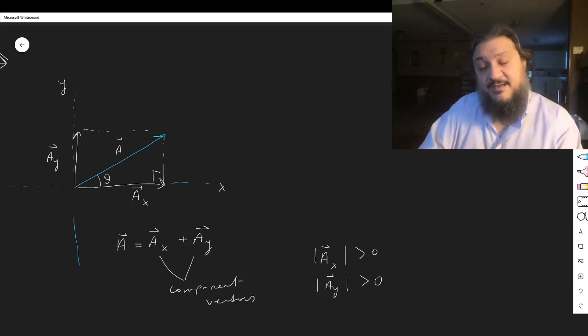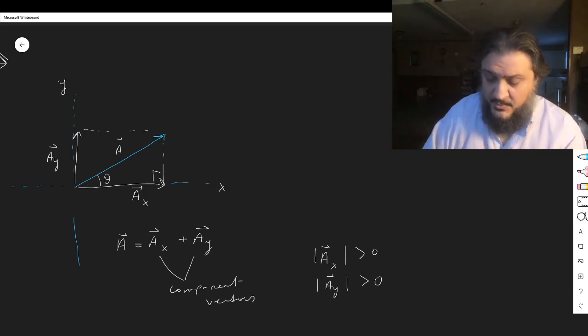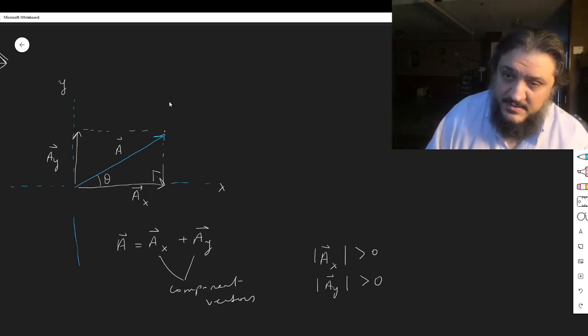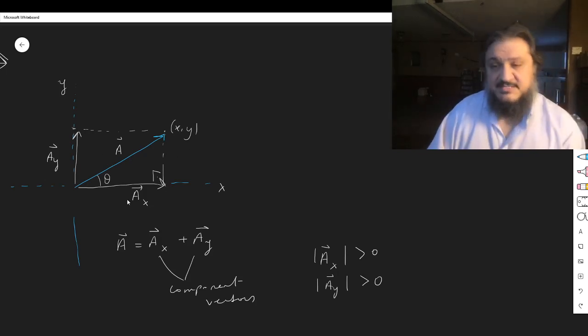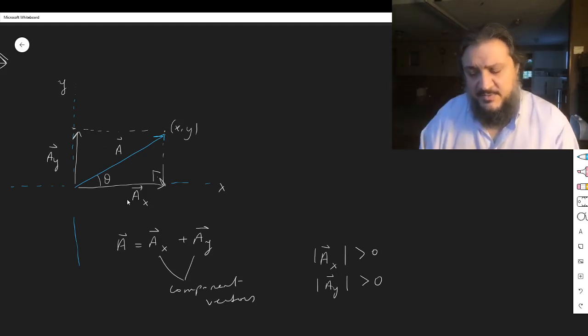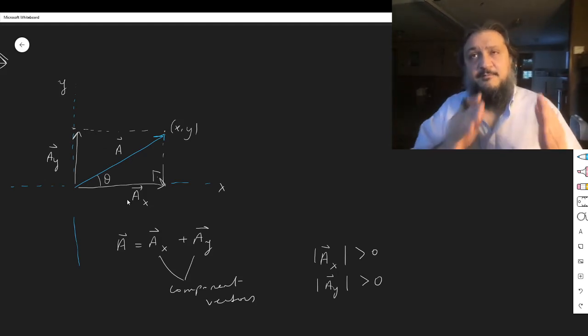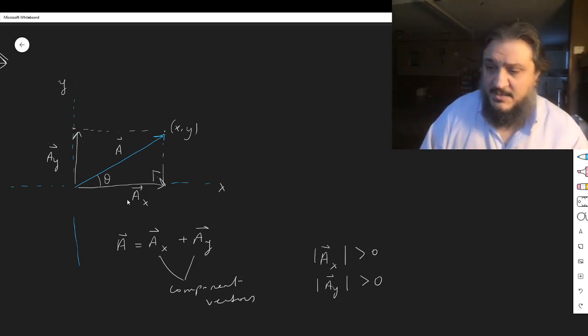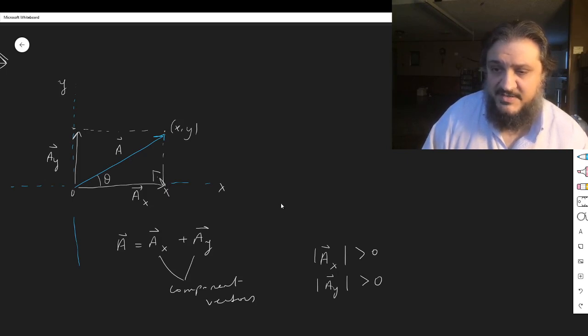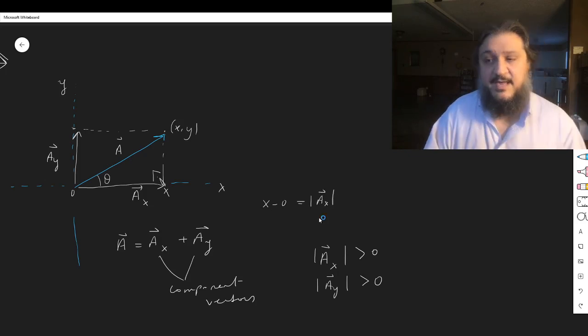But we also have the coordinates. Remember, this point here corresponds to a pair of numbers, which are x and y, which you can find along the axis, the projections. Those numbers are nothing but how far you're away from the origin. So call this point your unknown x, and this is point 0. So that specific x minus 0, which is the positive number you're looking for, is nothing but the length of AX.